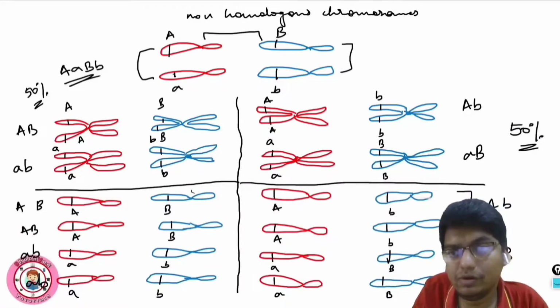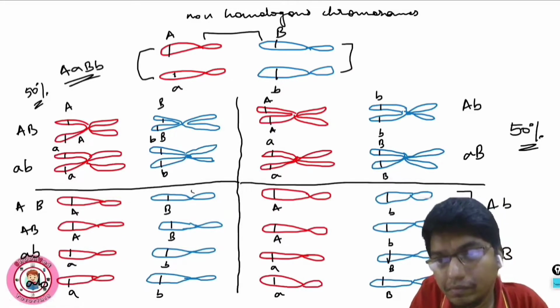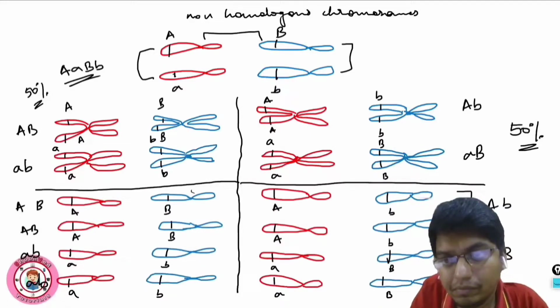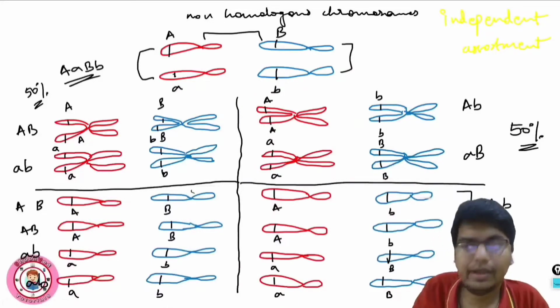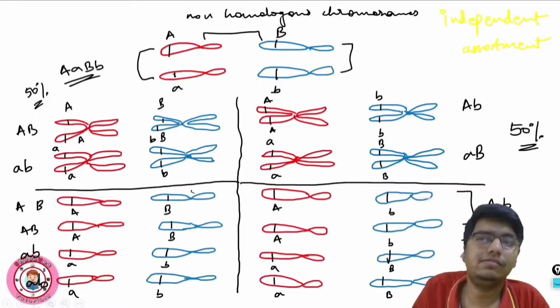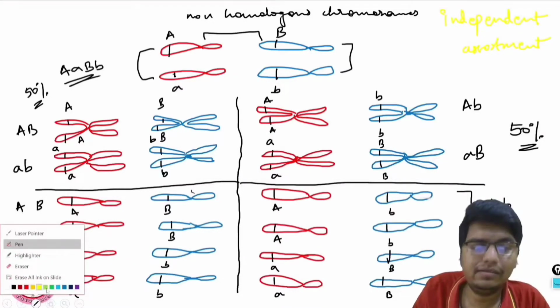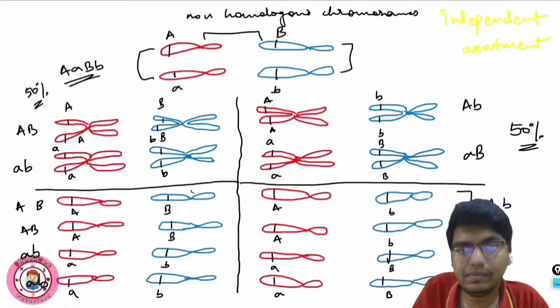And then what is happening? So independent assortment, right? This is called independent assortment of genes. And thus we can see four different types of gametes.